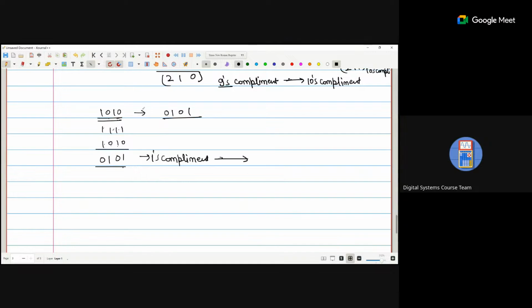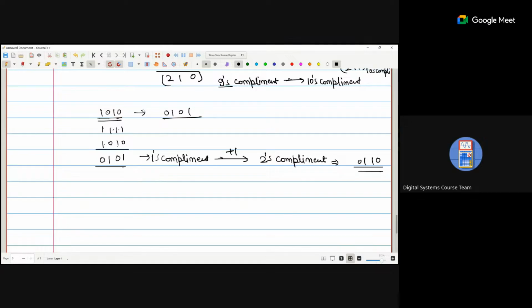Now how do we convert it to the twos complement? We add 1, so the answer is 0110.